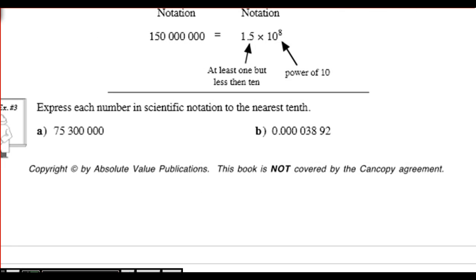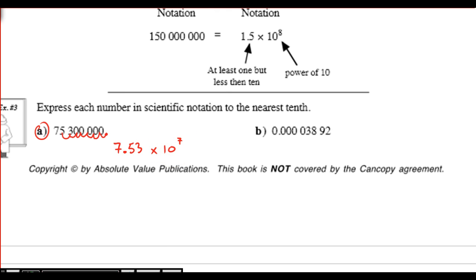So the way it works is, instead of, for example, number 1 here, instead of writing out the 75 million here, I might write 7.53, and then because I moved the decimal place in the original question, and I moved it over and I put it in between the 7 and the 5, it means I moved it over 1, 2, 3, 4, 5, 6, 7 spots to the left, so it's going to be 7.53 times 10 to the power of 7.